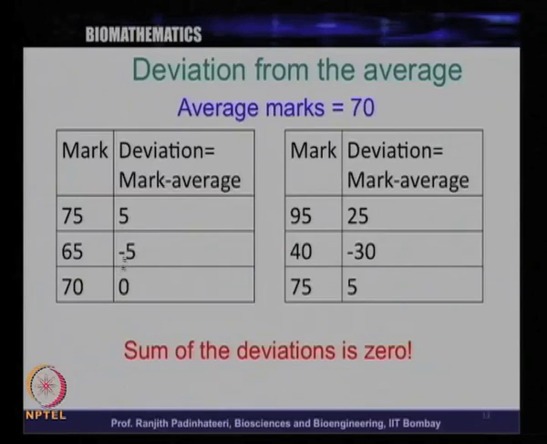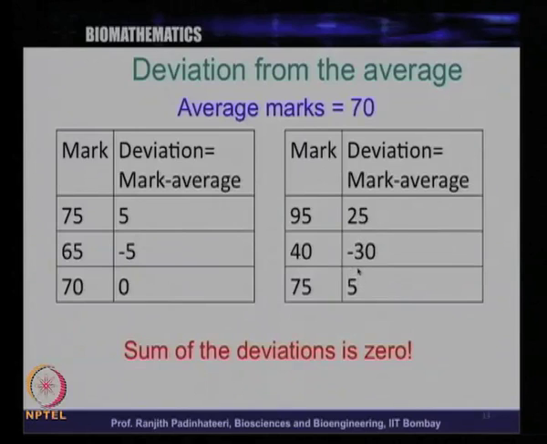So, what is the sum of deviations here? 5 plus minus 5, the sum of the deviations is 0. Now, look at here. The average is 70. So, deviation is mark minus average: 95 minus 70 is 25, 40 minus 70 is minus 30, and 75 minus 70 is plus 5. So, here also the deviations are 25, minus 30 and 5, and the sum of these deviations is 0.